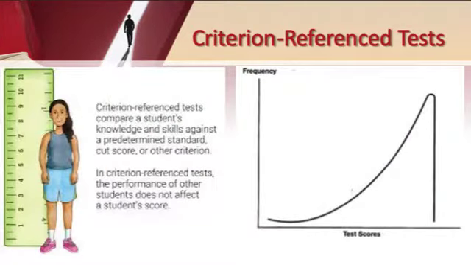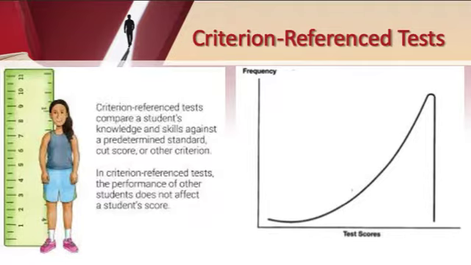A criterion reference test, in contrast, is designed to determine whether a student meets specific criteria, such as course objectives or state standards. This type of test is intended to determine how much a student has learned of the tested content.